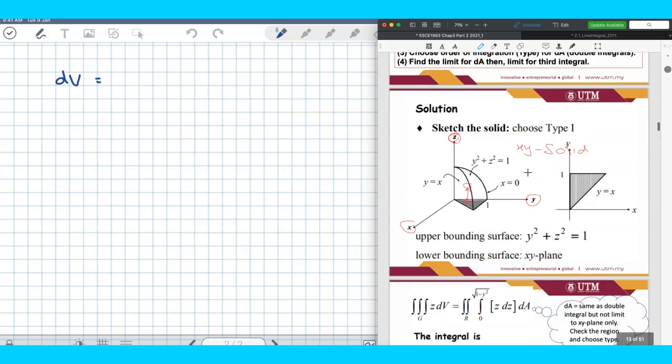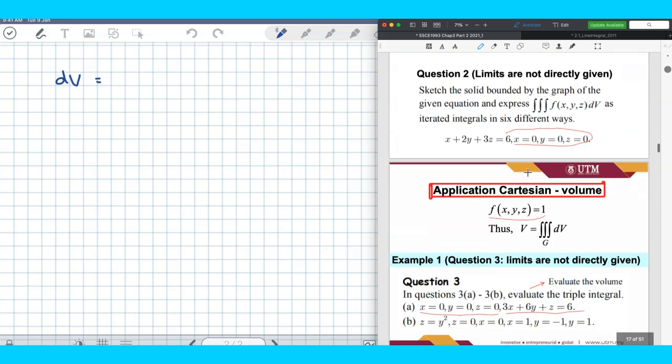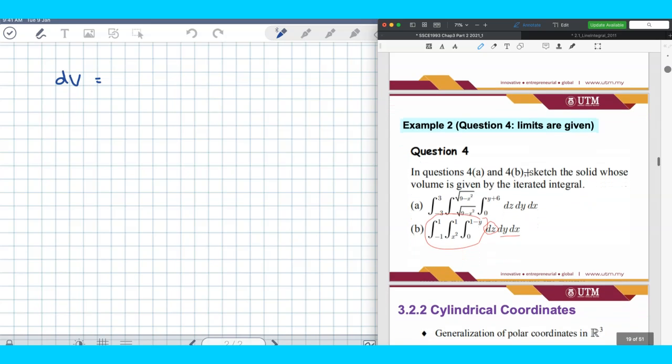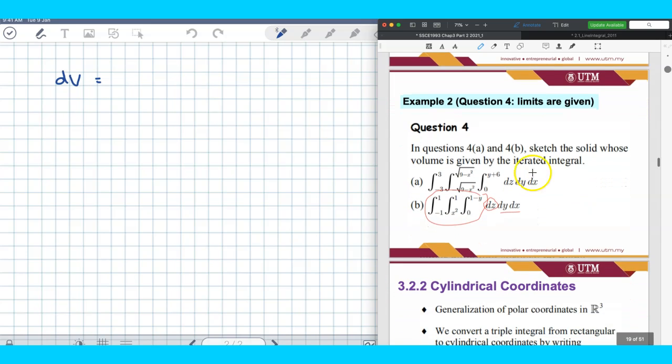There is an activity asking you to sketch the solid and evaluate the volume, so you can look at my previous video. The question there asks for sketching the solid, just for your own practice on finding the solid from the given limits.